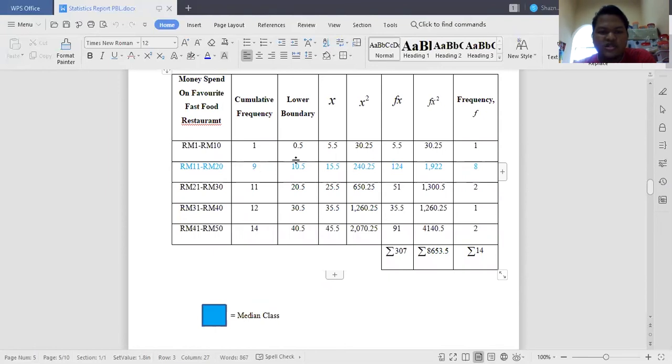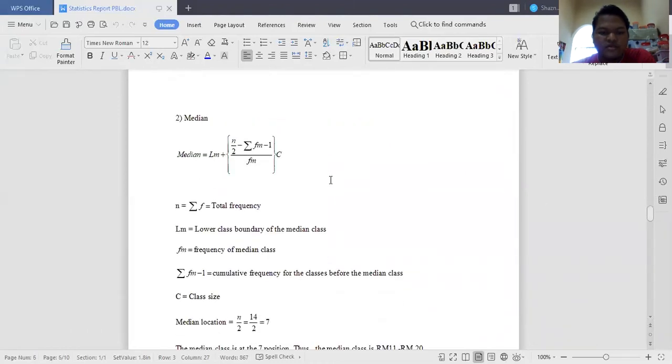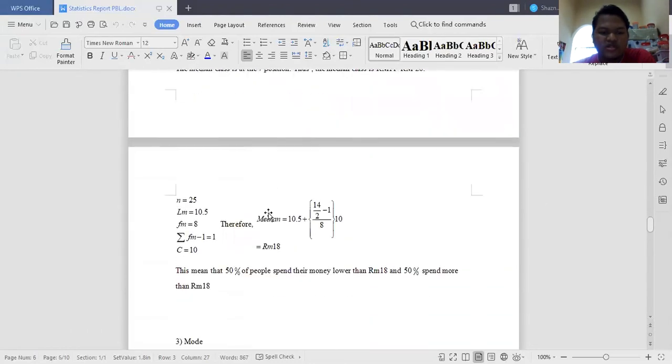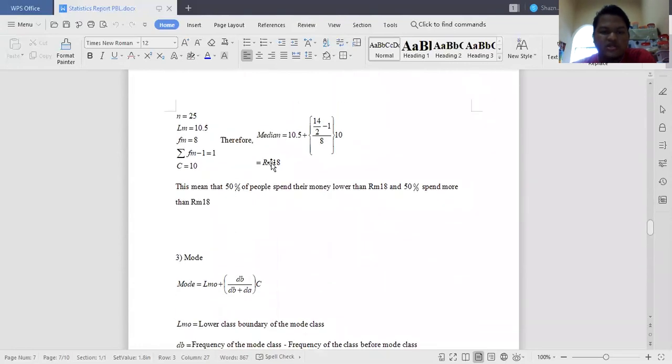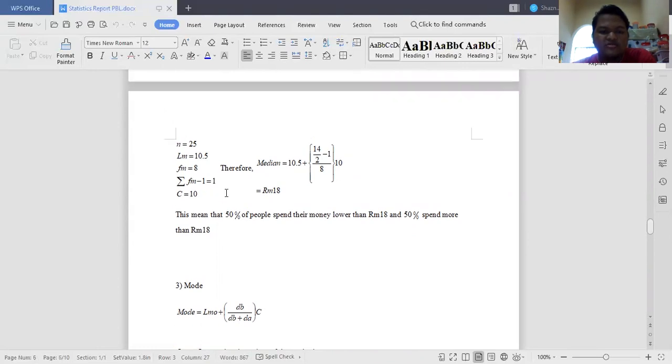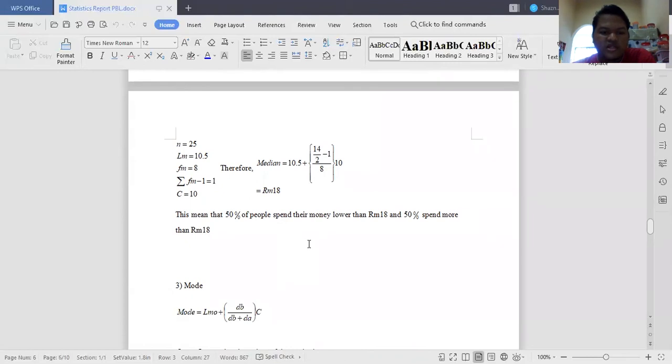Then we calculate and get around 18 ringgit. This means that 50% of the people spend their money lower than this amount and 50% spend more than this amount.